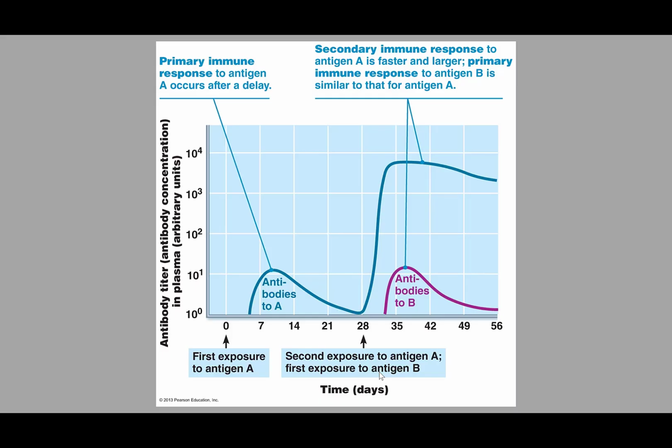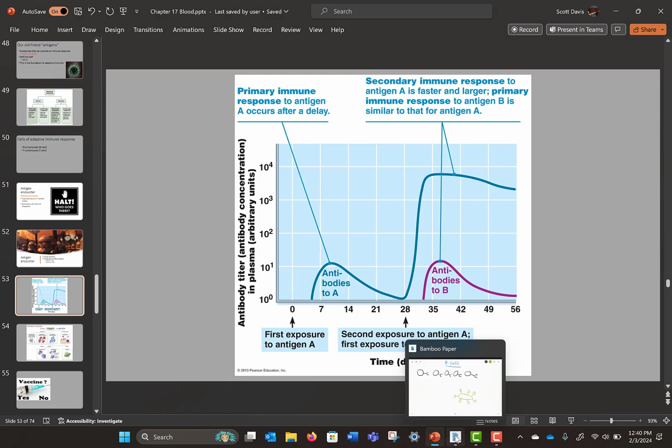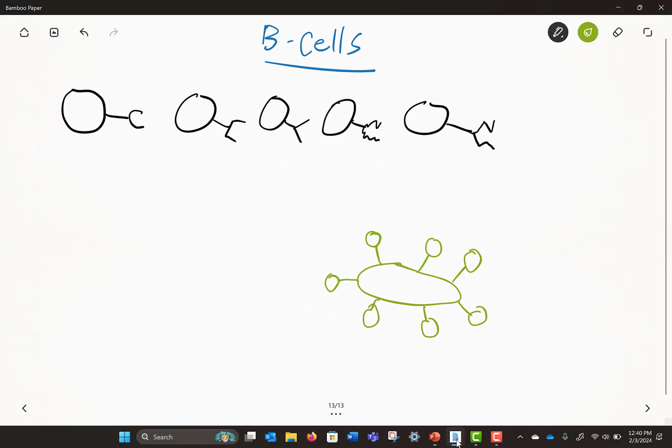But before we talk about what happens with antibodies, let's do a little bit of drawing. We're ignoring T cells for our class. We are just going to talk about B cells. But B cells and T cells behave similarly.